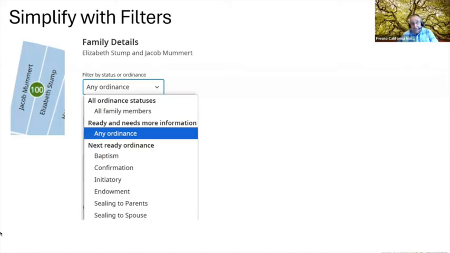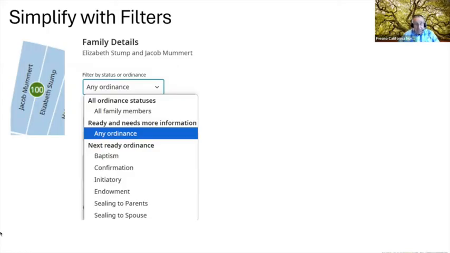What that in effect does is it undoes the good that this program has done by filtering out all the finished people and showing you only the ones that aren't finished with the ordinances, and puts all the finished ones back in the list in case you should want to see how much of this descendancy is already done. Well, that's what all family members represents.